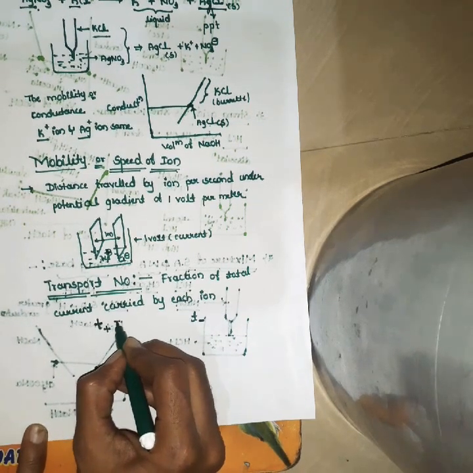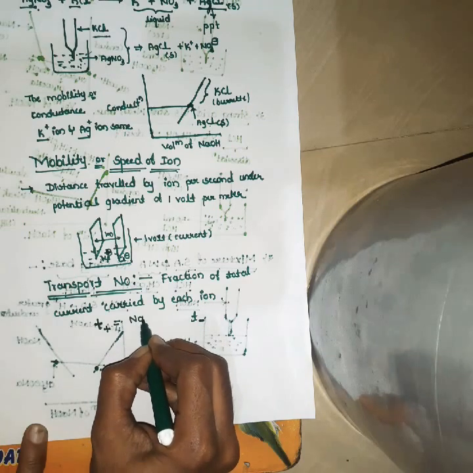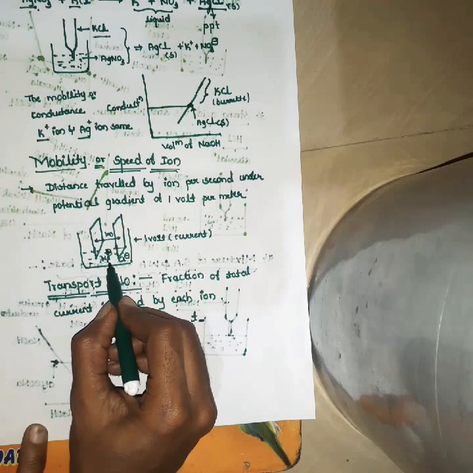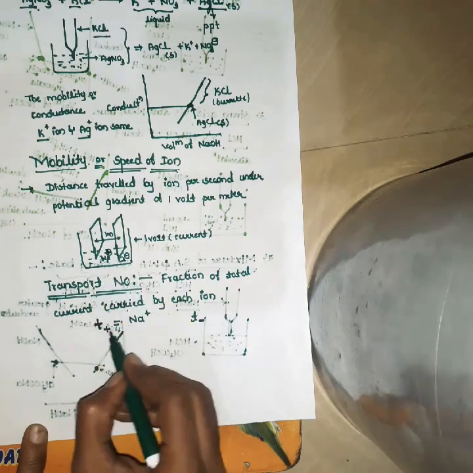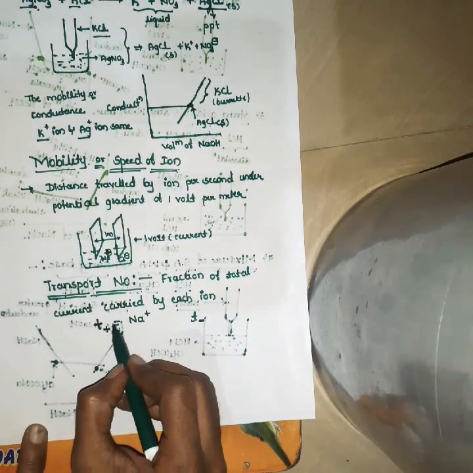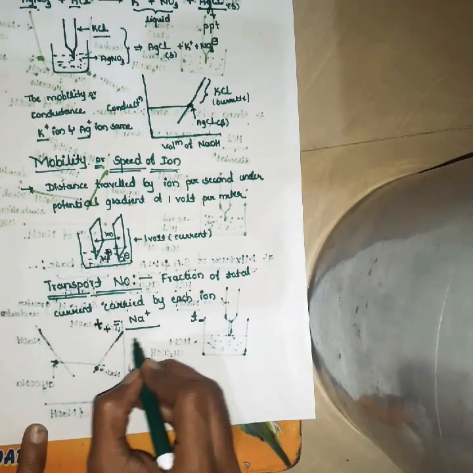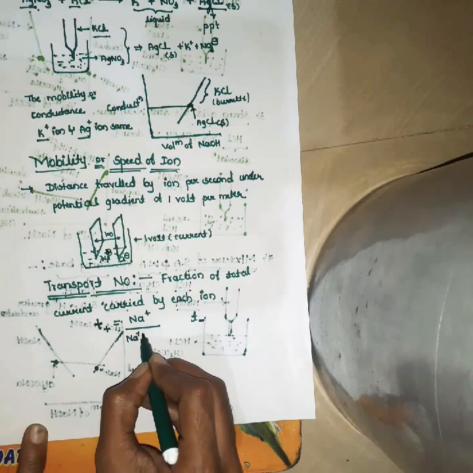Taking Na+ and Cl-, the transport number of the Na+ ion, which is positive, T plus, is given by Na+ divided by Na+ plus Cl-.